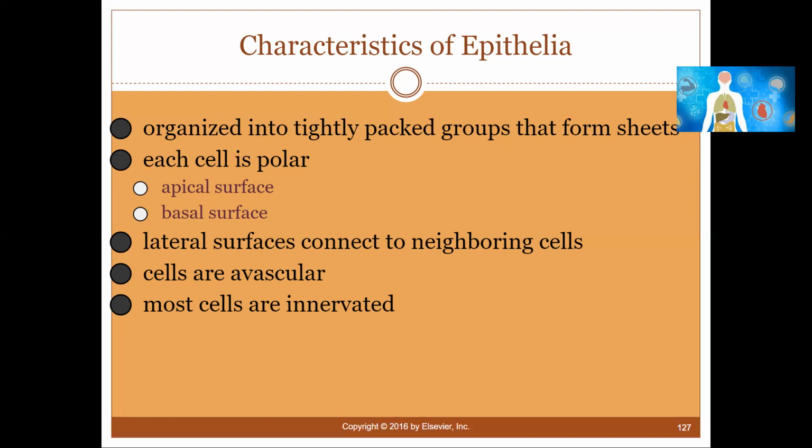Connective tissue is full of blood supply, full of nerve supply, full of lymphatic vessels. So again, we can kind of plug in nerves from the connective tissue into the basement of the epithelium. And it allows for some sensory aspects to take place.